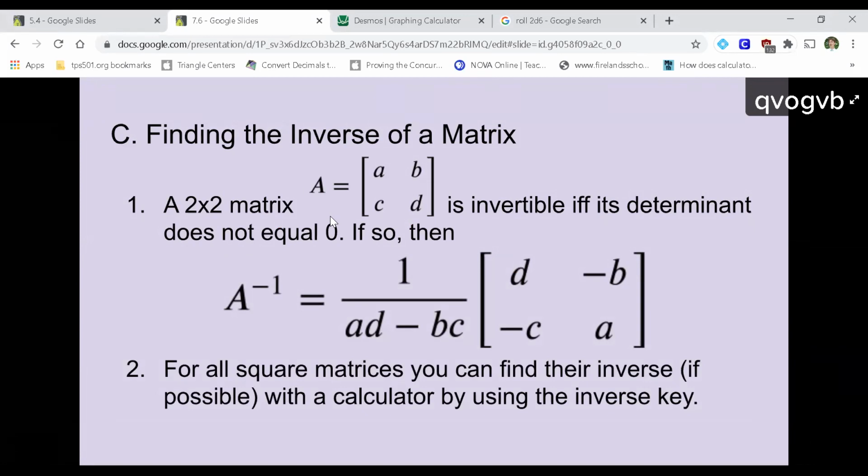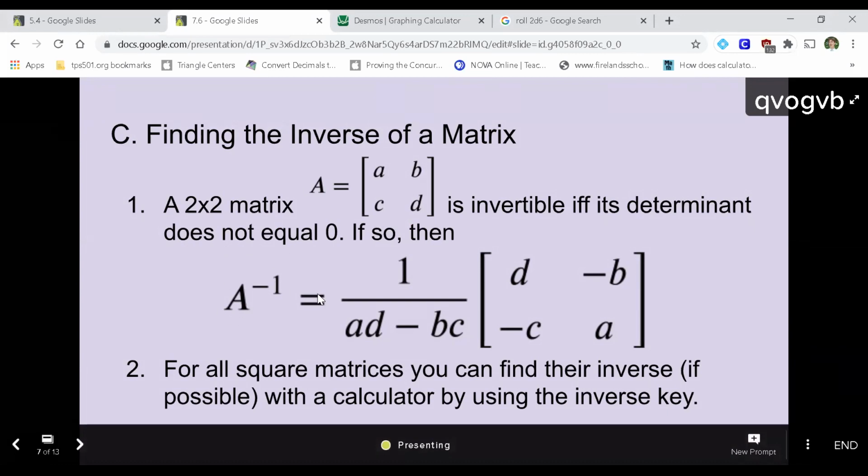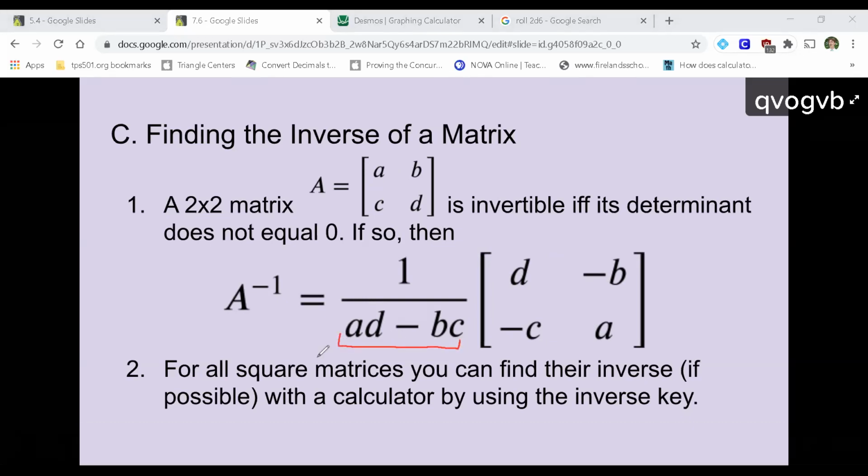If it's not 0, you can find the inverse by taking 1 over the determinant, and then you multiply it by this weird transposition of A. You flip A and D so they're in their opposite spots, and then you change the signs on B and C. So it's kind of a weird formula.